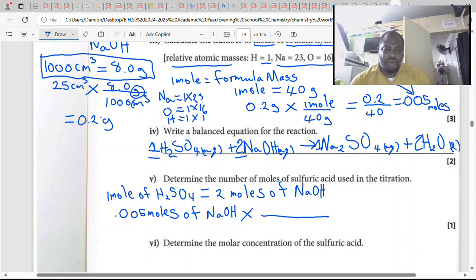And again, we're going to be seeing it. So if I have moles of sodium hydroxide, I did say whenever you get your conversion, whatever unit that is here, that forms your denominator in your fraction. So the 2 moles of sodium hydroxide over the 1 mole of sulfuric acid.